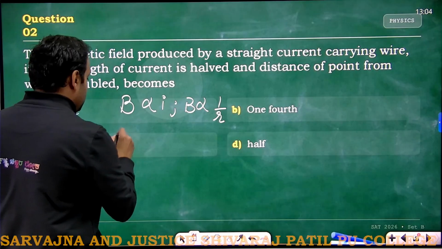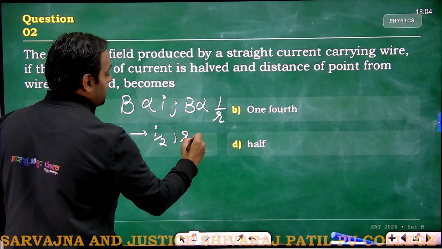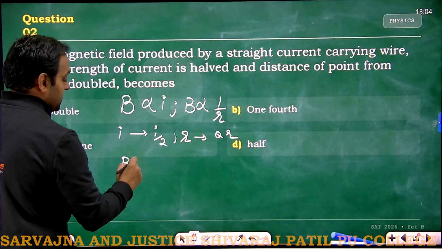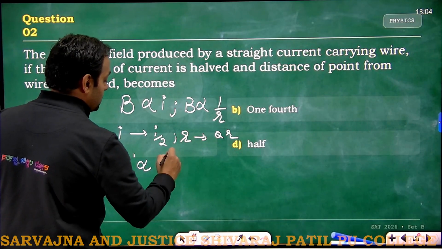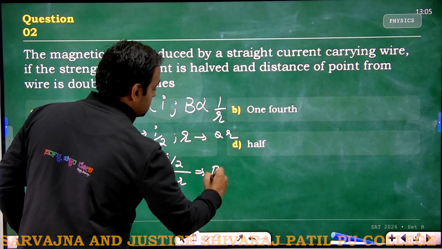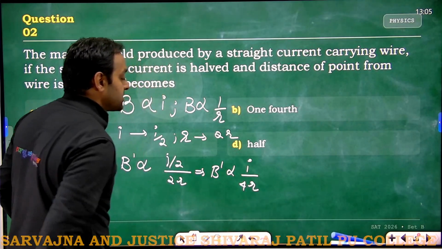So if I change I to I/2 and also R to 2R, what does this become? B dash will become what? Proportional to I/2 divided by 2R, which implies B dash is proportional to I/4R. So I/4R andre enu?